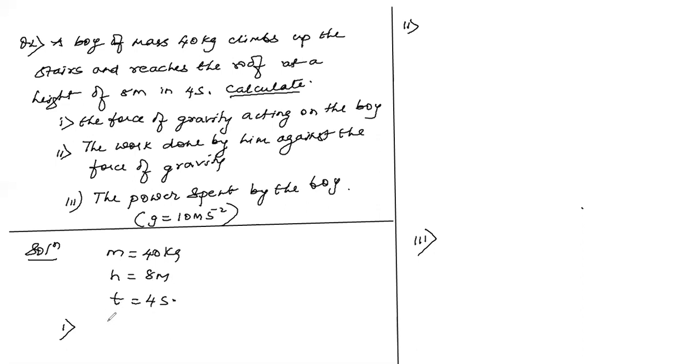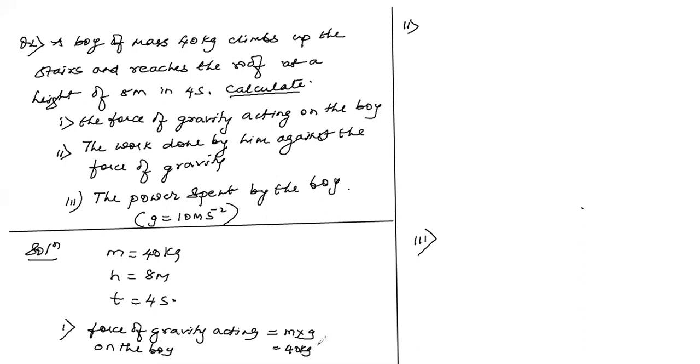So what is that force of gravity? Please have a look at this. Force of gravity acting on the boy is equal to the weight of the boy. That is why I use the formula. What is weight? M into G. Got it? So how much do you get? M is 40 kg.